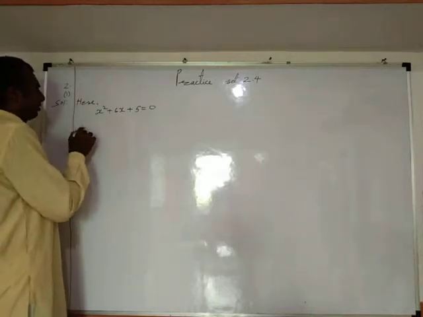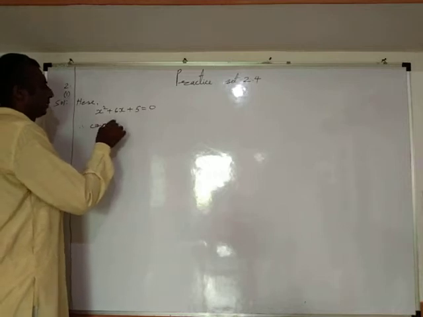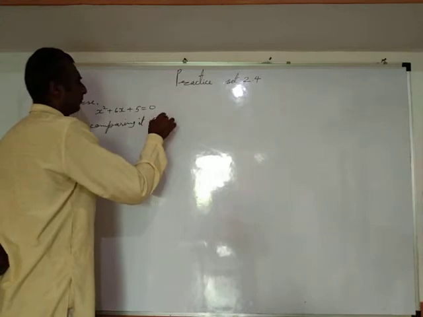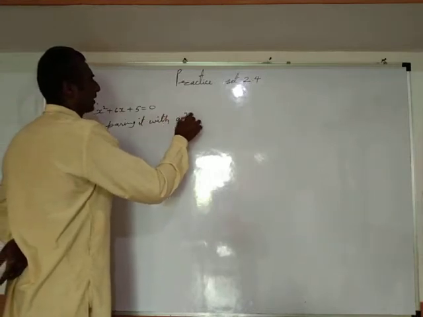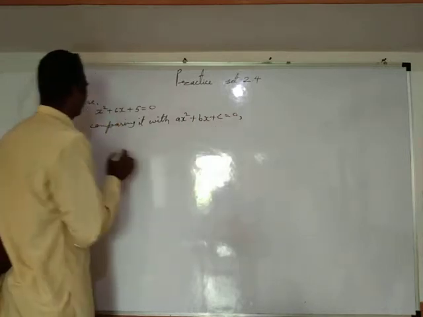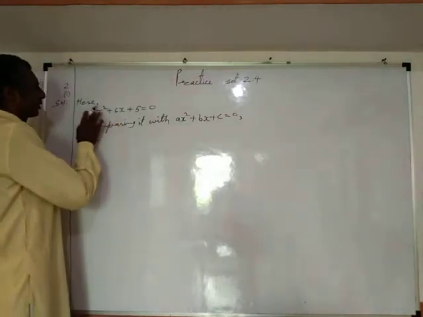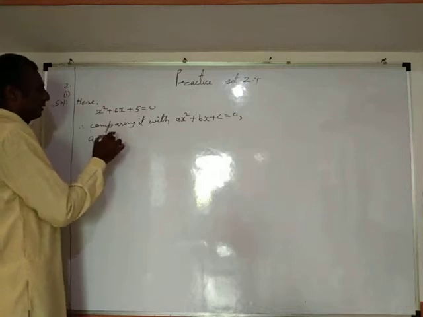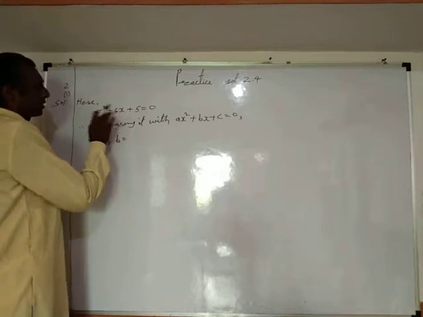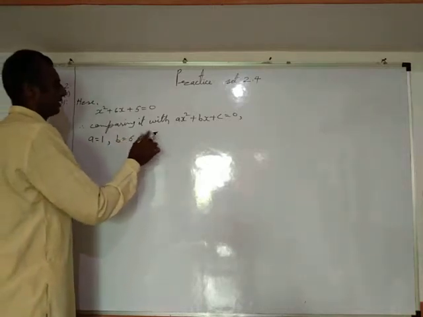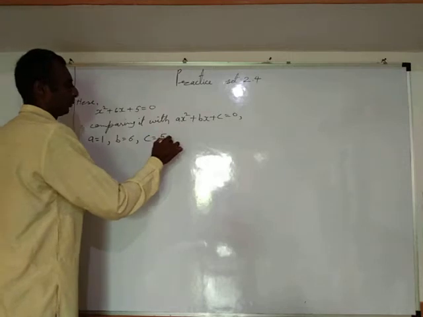Therefore, comparing it with ax square plus bx plus c equal to 0, a is the coefficient of quadratic term, which is 1, b is the coefficient of linear term, which is 6, and c is the constant term, which is 5.